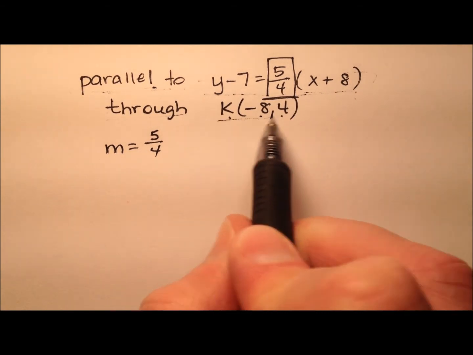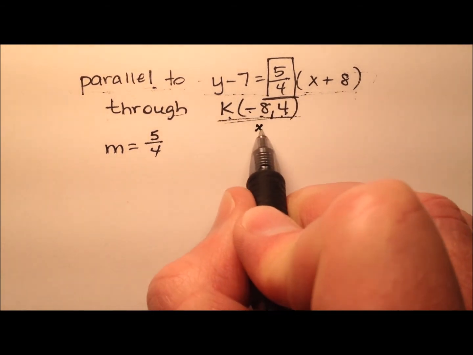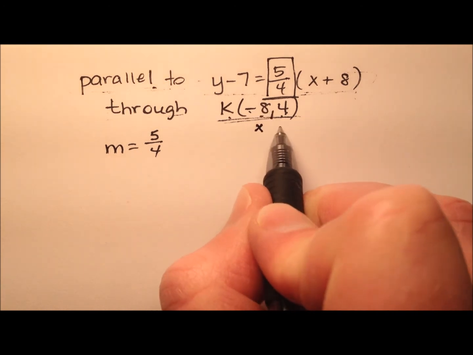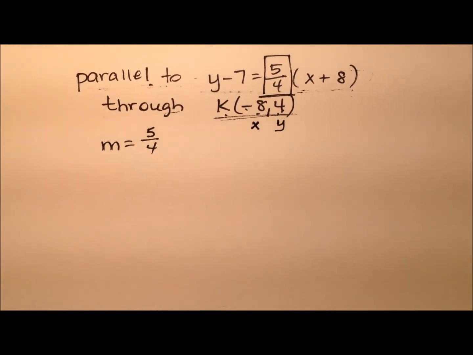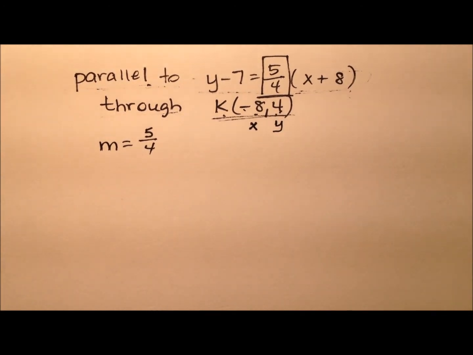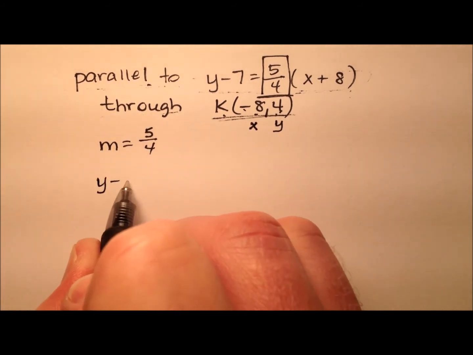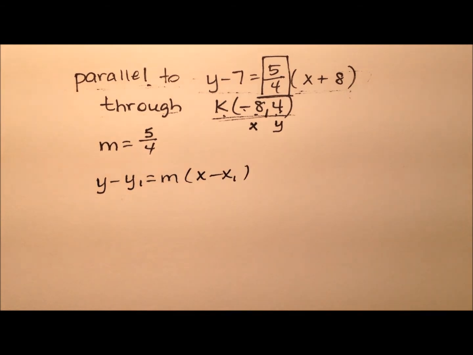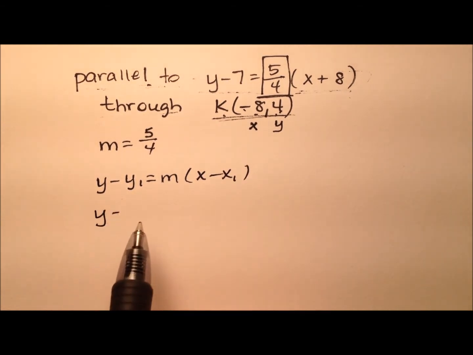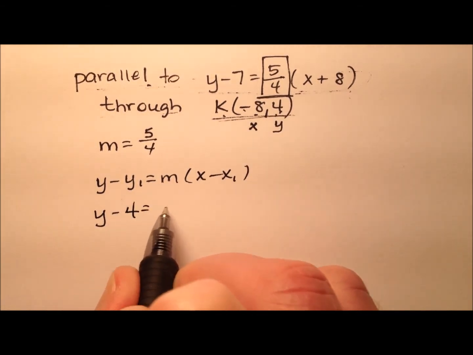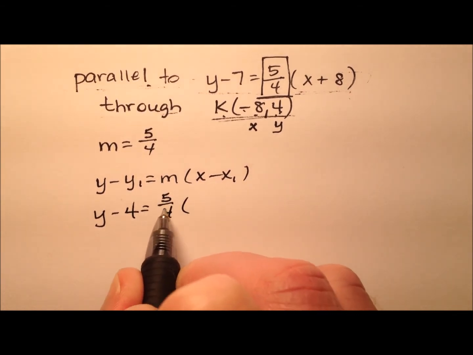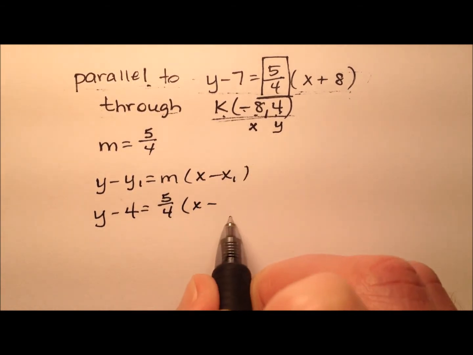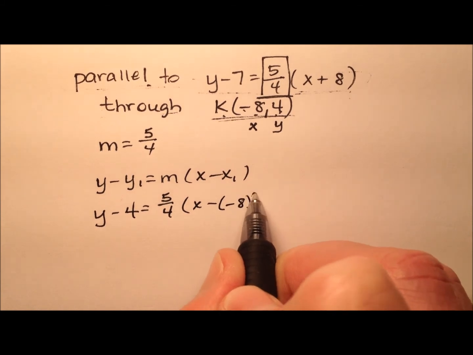And now we have this point, (-8, 4). So, of course, our x is -8 and our y is 4. Let's go ahead and write the equation first in point-slope form. So y minus the y-coordinate equals m times x minus the x-coordinate. So it'll be y minus 4 equals our slope of 5/4, and then x minus the -8.